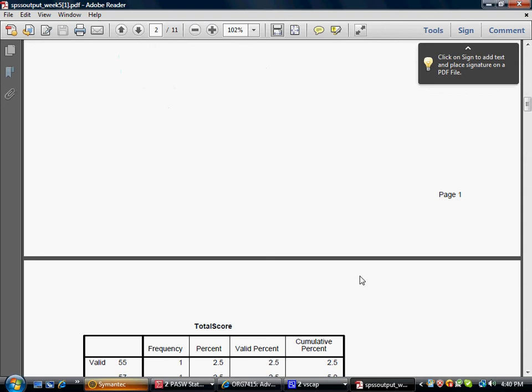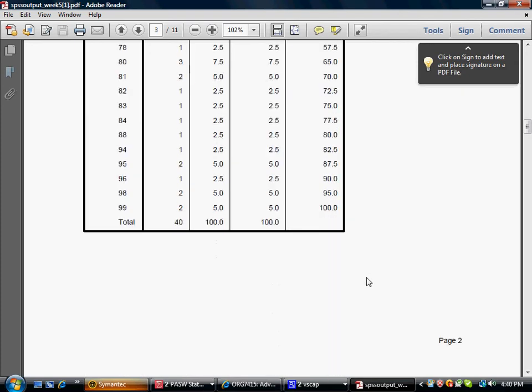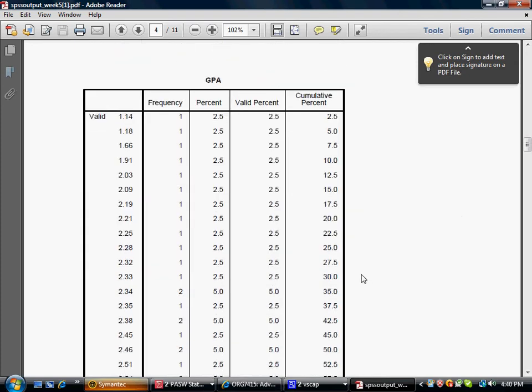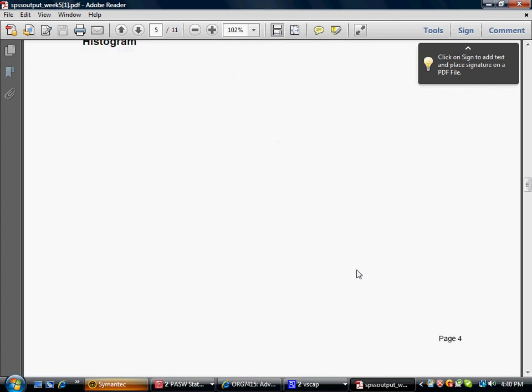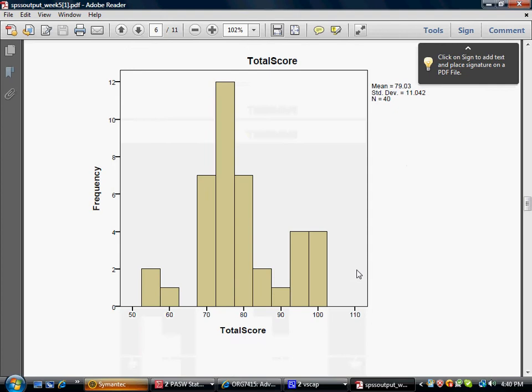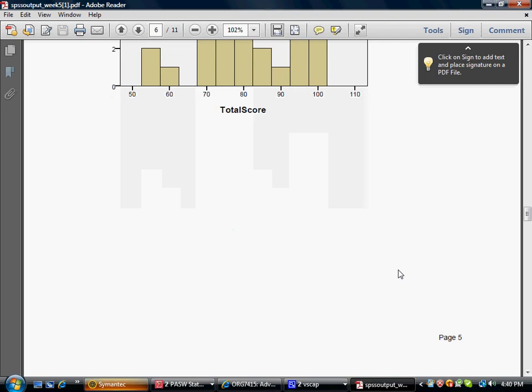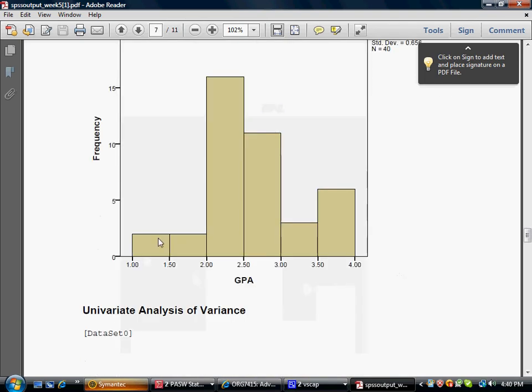That's all good. We scroll down, we get the frequencies, more frequencies. We have our histograms, and we can see if things look normal. Not too bad, but we've got a peak here. It looks like a little more people than we'd expected. That's nice, but relatively normal. And GPA, again, relatively normal, and then a little peak on the high side, not too bad.